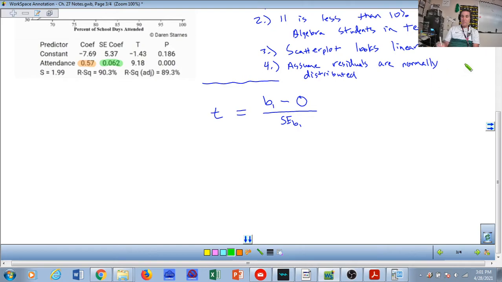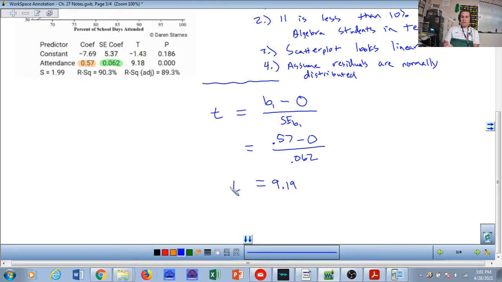If I were doing this by hand, it would be 0.57 minus 0 divided by 0.062. That's all you're doing. Let's see what we get. 0.57 minus 0, divided by 0.062. I'm getting like 9.19.